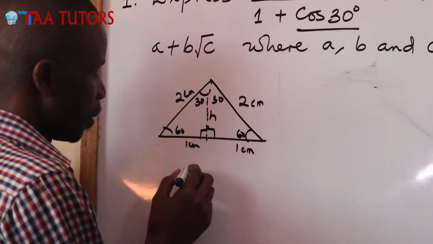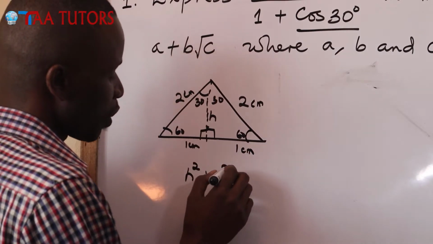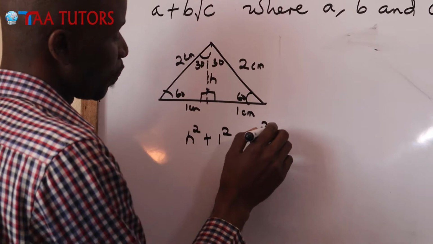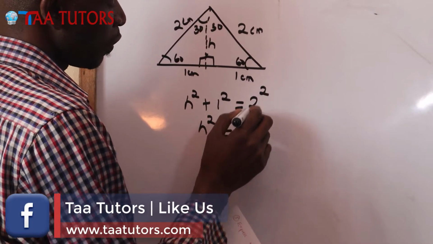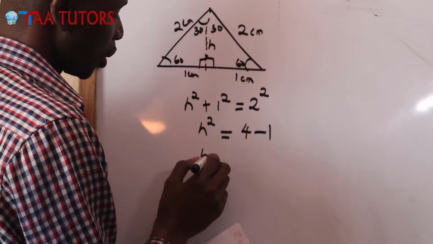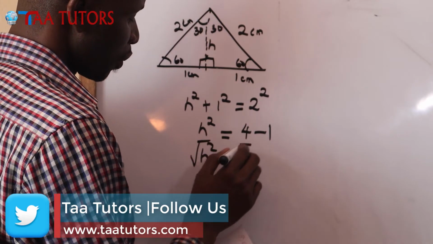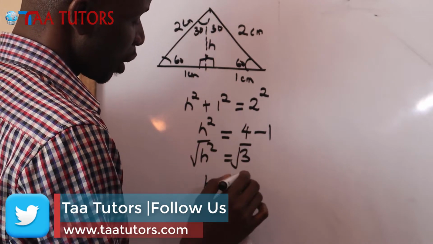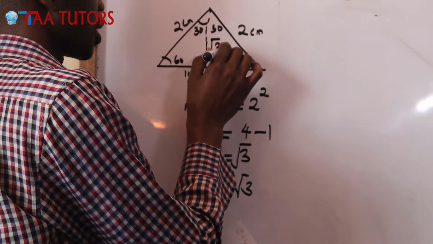So to get h, we use Pythagoras' Theorem: h squared plus 1 squared equals 2 squared. And 2 squared is 4. If I subtract 1, I get h squared equals 3. So h is square root of 3, so this height here is Surd 3.